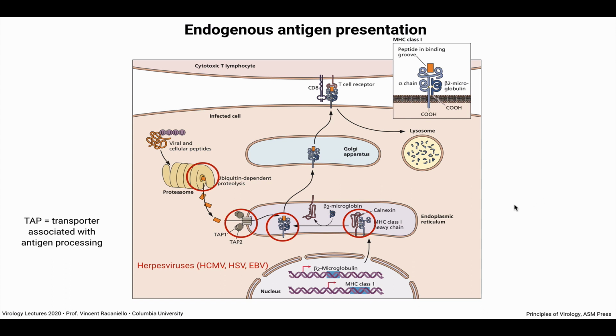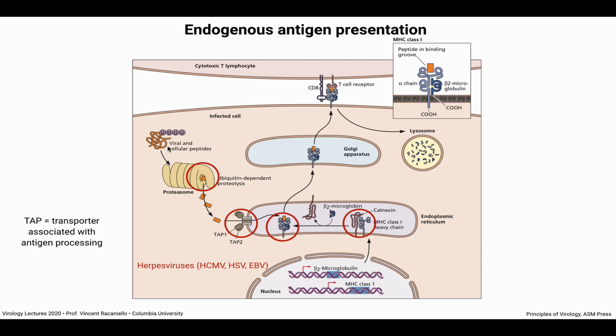This process, this recognition of an infected cell by a CTL, requires the pathway of endogenous antigen presentation, which is mediated by MHC class 1 molecules. In contrast to MHC2, MHC1 are present on most cells. And that's good because most cells can be infected. And what happens here is that you have on the bottom your infected cell. A virus has bound it, entered it, starts to make viral proteins.